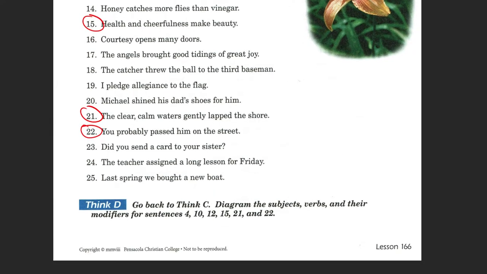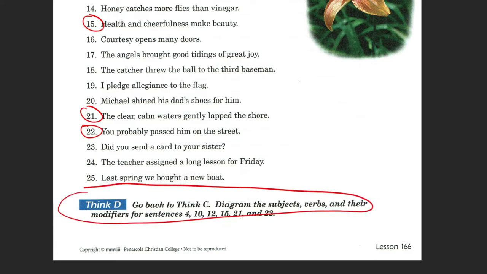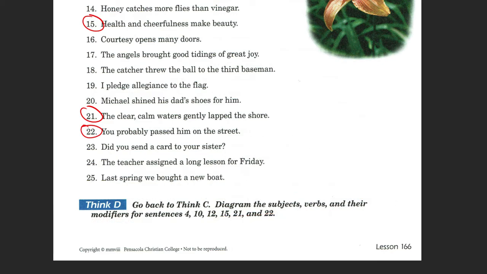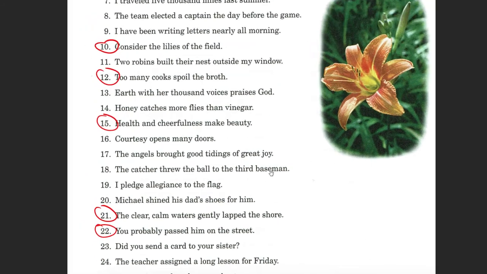A lot of you are missing the problems that ask you to diagram on a separate paper. Just because it asks you to do it on a separate paper doesn't mean you don't have to do it. I still need to see it. A lot of you got incomplete because I'm not seeing you do the problems that require a different sheet of paper. So let's make sure you do those.